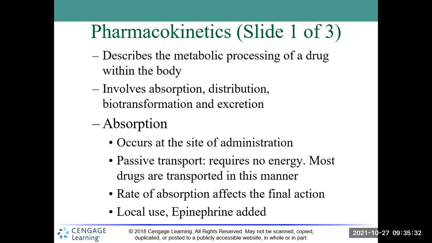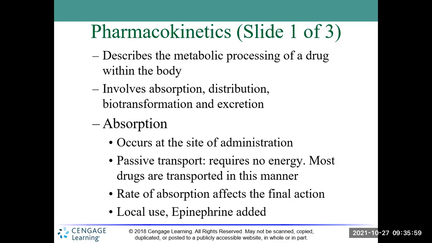And so the absorption phase occurs at the site of the administration. So whether it is taken by mouth, whether it is injected through an IV or into a muscle, whatever that site is, this is where absorption happens. And the passive transport occurs because it's going from an area of higher concentration to an area of lower concentration. So there's no energy needed.